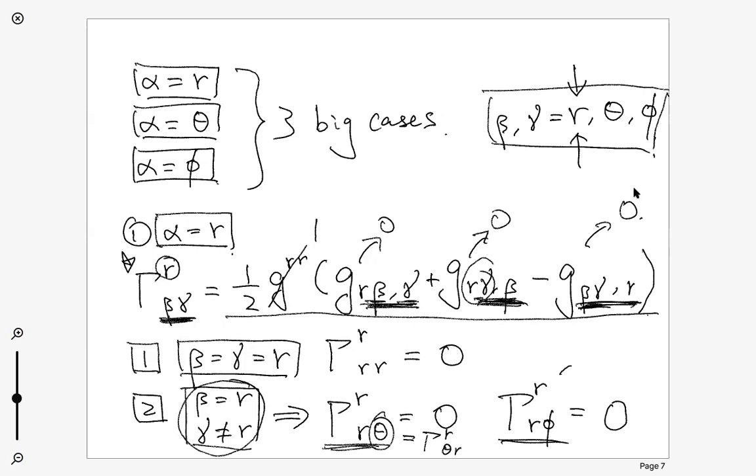And here, it means that the r φ r component is also 0. Because beta and gamma are symmetric of each other. So even when we consider the case when beta is not equal to r and gamma is equal to r, we should yield the same results. So this is why we have this result here.